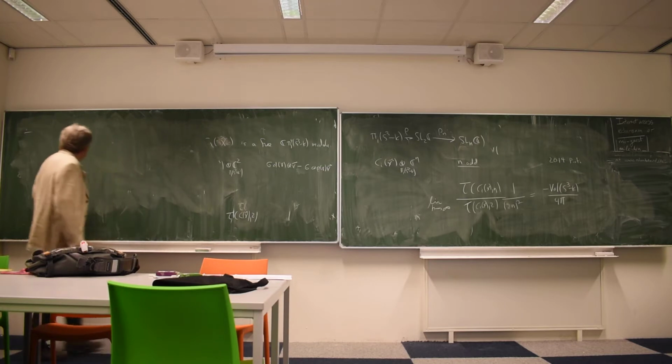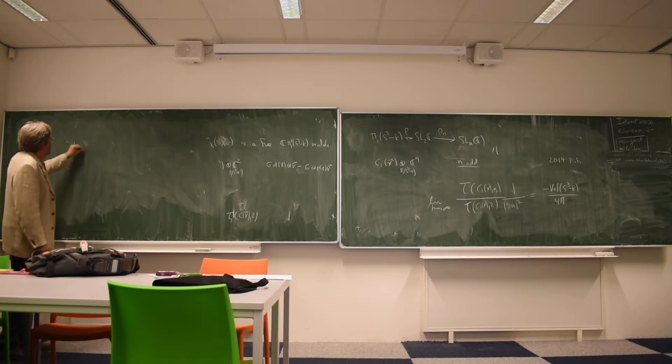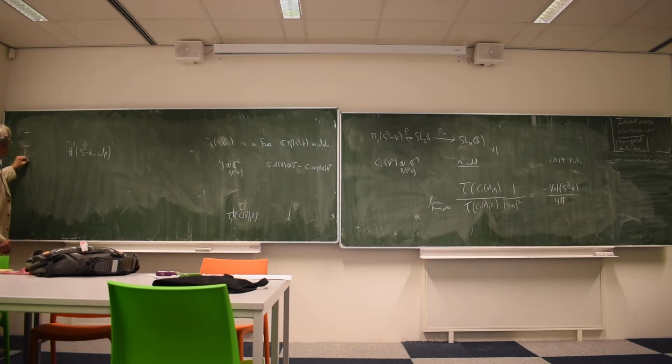So, the tangent space of S3 minus K. So the tangent space, and this is the Zariski tangent space of the character variety of S3 minus K into SU2 at any point, is the first cohomology of S3 minus K with coefficients in the ad of the representation.